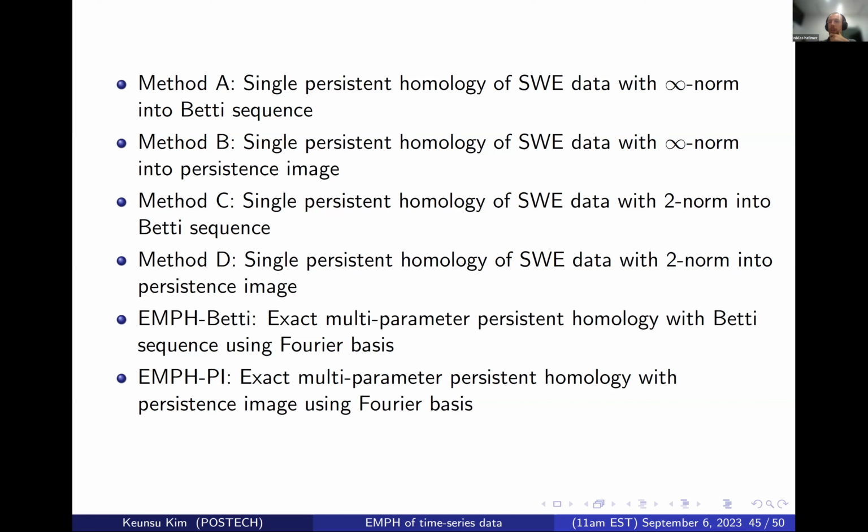And I was wondering how your method compares to that work. I did not check, because in TDA papers, many compare only among TDA methods. So I did not check the non-TDA methods. Okay, but I think it would be very interesting. Thank you.